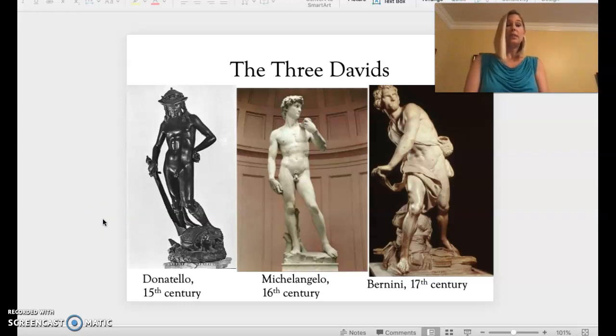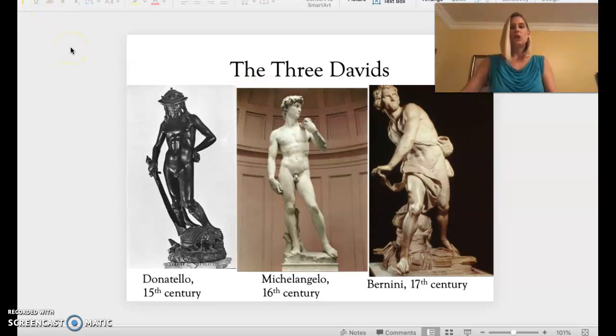Nothing like this had been seen since antiquity, these freestanding statues. And of course, the nudity in both of these two Davids, Donatello's and Michelangelo's, is unique for the time period. Like I said, later we'll go over Bernini's, and then I'll try to bring up the similarities and differences that he has to these two, but I'm not going to spoil it for you right now.